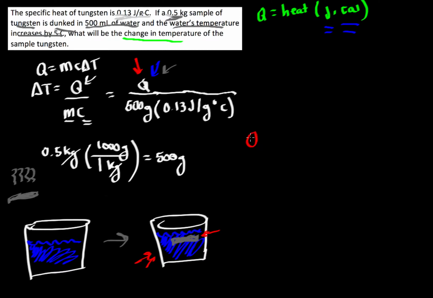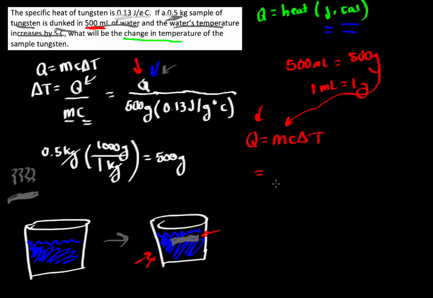We can use that as our Q value, and all you're going to do is the Q equals MCAT equation again. So we want to find out Q. Let's see if we have everything else. We know the mass. This is something you have to memorize: here we're told 500 milliliters of water, and you had to know that 1 milliliter of water equals 1 gram of water, and that's our mass, 500 grams.